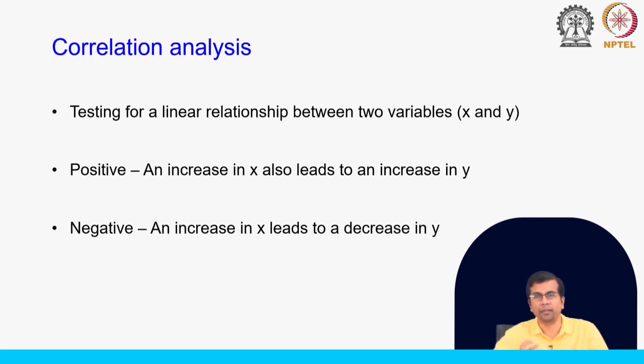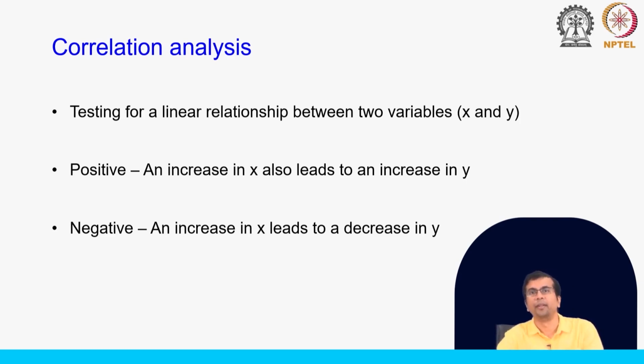We can think of this in terms of, let us say, gene expression where we have two genes x and y, and as x goes up, y also goes up, that will be a positive correlation, whereas a negative correlation would be as x goes up, y goes down.